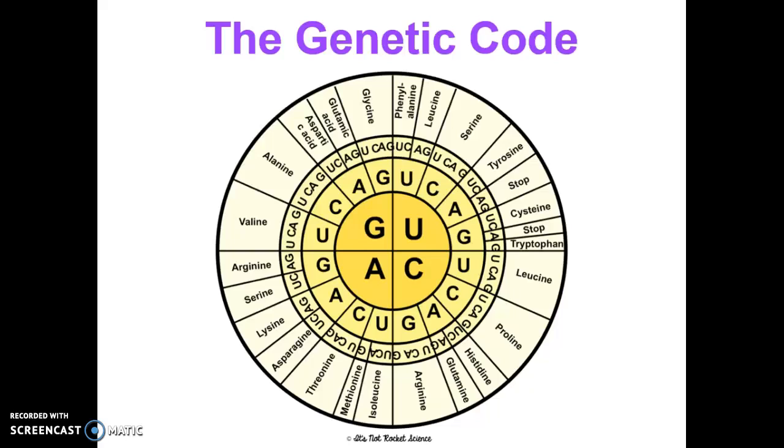Now, there are 20 different amino acids that can be created. So if you look here, there are a number of different combinations that you can see. And so we'll learn more about this wheel later. But each combination of letters leads to a different type of amino acid.